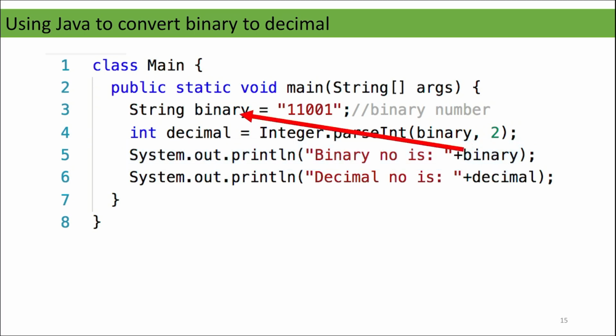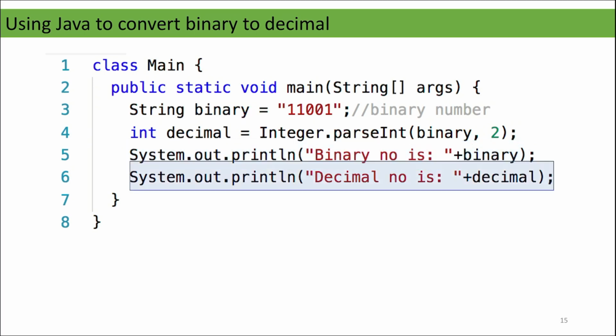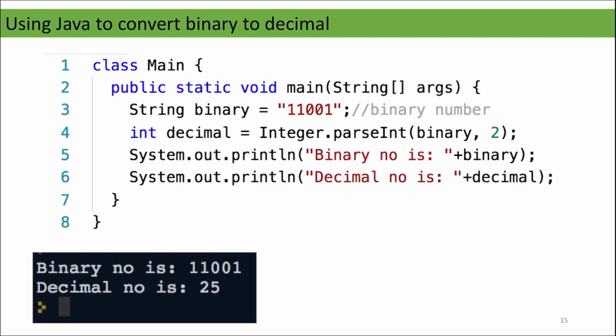And this line just displays the binary, which is the same one, and this one displays the decimal, and the result will come. If you put there 11001, you will get 25, and you can change that number and you get different numbers, as you can see. So this is a basic Java code that will change binary to decimal.